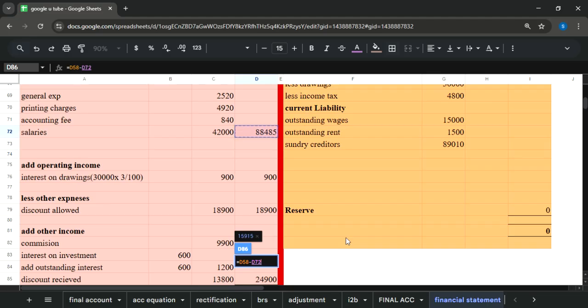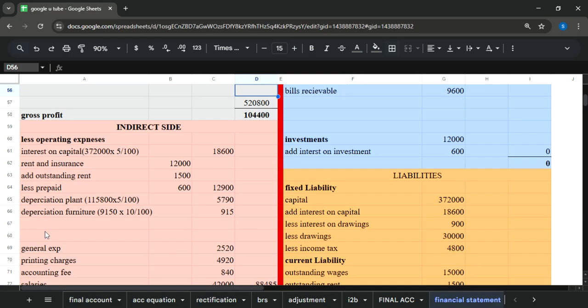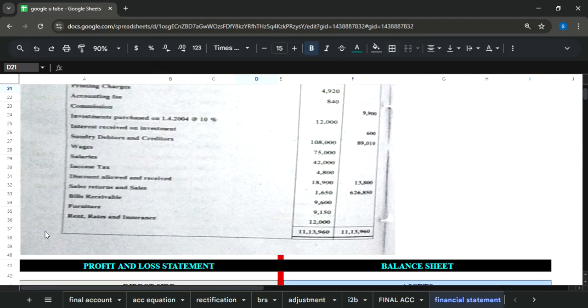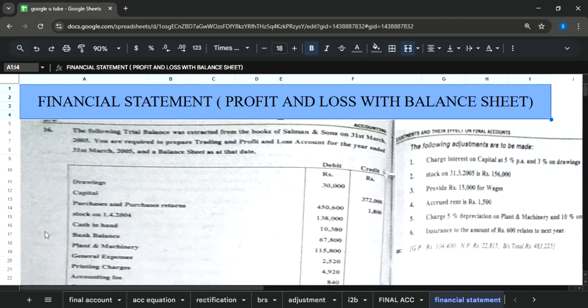Now you will add operating income. This was operating income. Then less other expense, total other expense 18,900. Then you will add other income, the total of which was 24,900. Okay. Now we will go. Look here. What a brilliant thing. 22815.